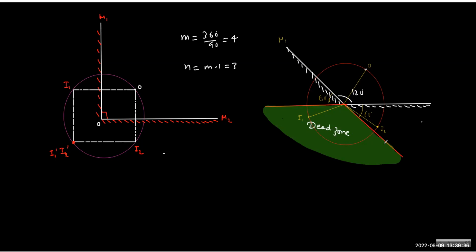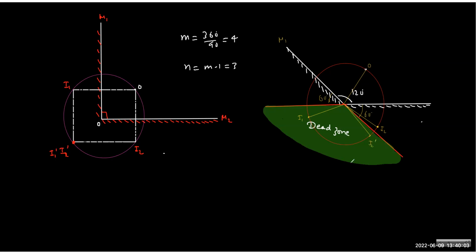I1, I2 is two images. But they are falling in the dead zone. So I2 is in front of M1, but the very next image will be from this, somewhere here, right? So then one image. This is I2 dash.